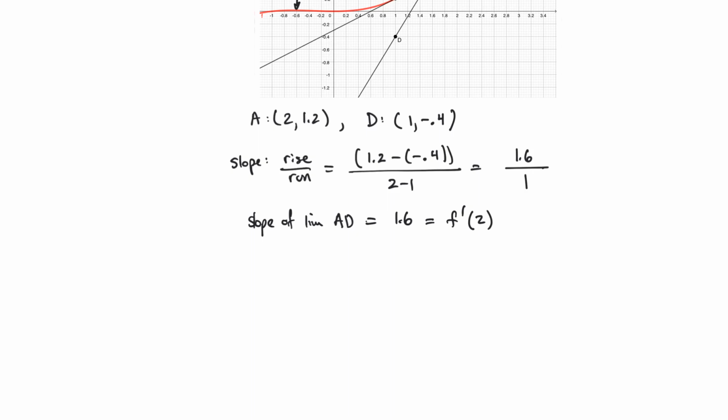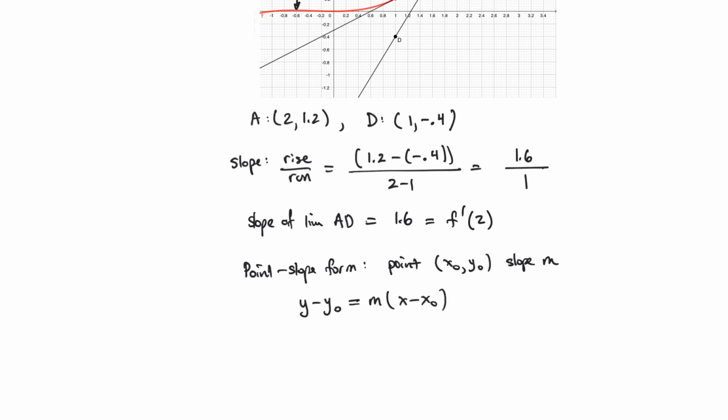I'll write it out in general just to remind you. If you have a point, and let me call the point's coordinates x naught comma y naught, and the slope m, because the word slope totally has the letter m in it, then an equation is y minus the y coordinate equals m times x minus the x coordinate.